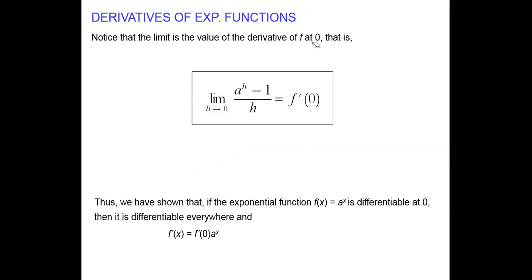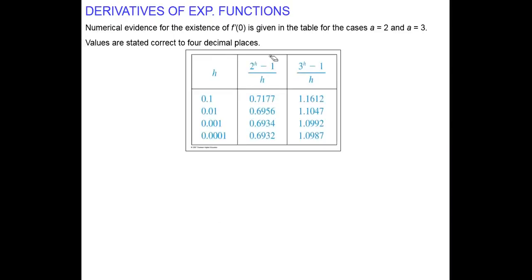That's what I have. I took 2 functions, because a is just the general function. I took 2 to the x and 3 to the x. Based on these numerical values, I kind of figure out what this derivative is.